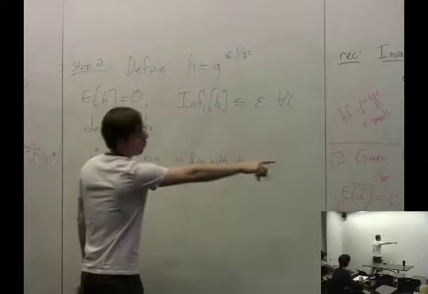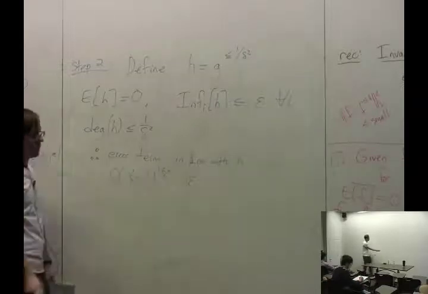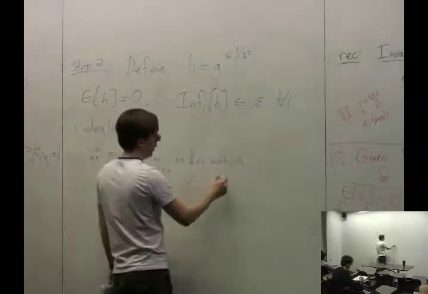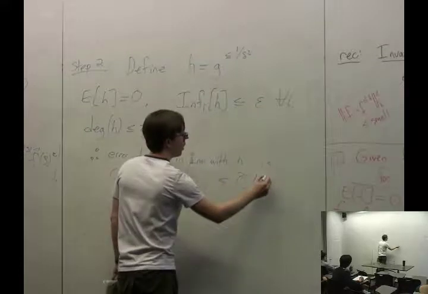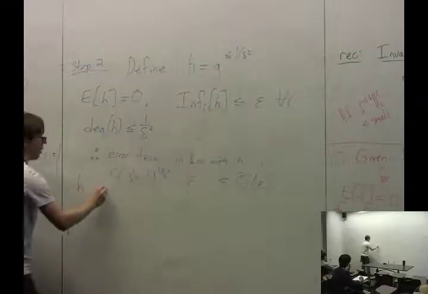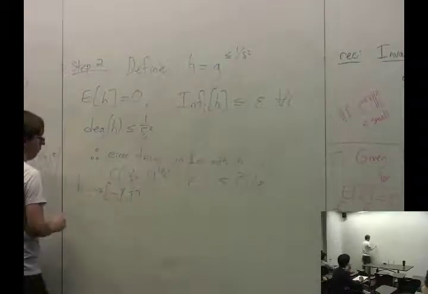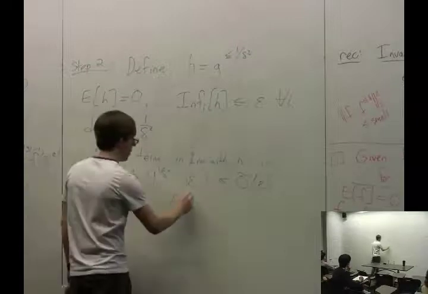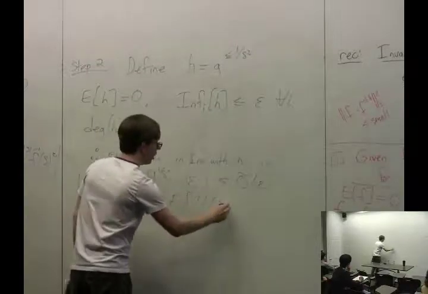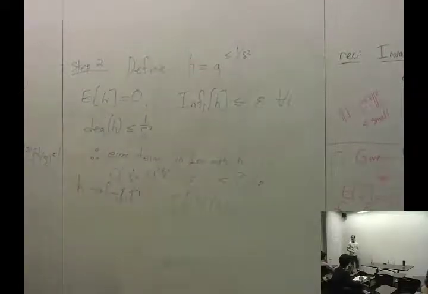But remember, delta is like 1 over log epsilon, so even 9 to the 1 over delta squared is not a big deal compared to epsilon. So this is at most O twiddle epsilon. Everything looks great except for one catch, which is that H does not necessarily map into the interval -1, 1 anymore. So we don't have the expectation of psi of H equals 0 like we had when we had F or G there.